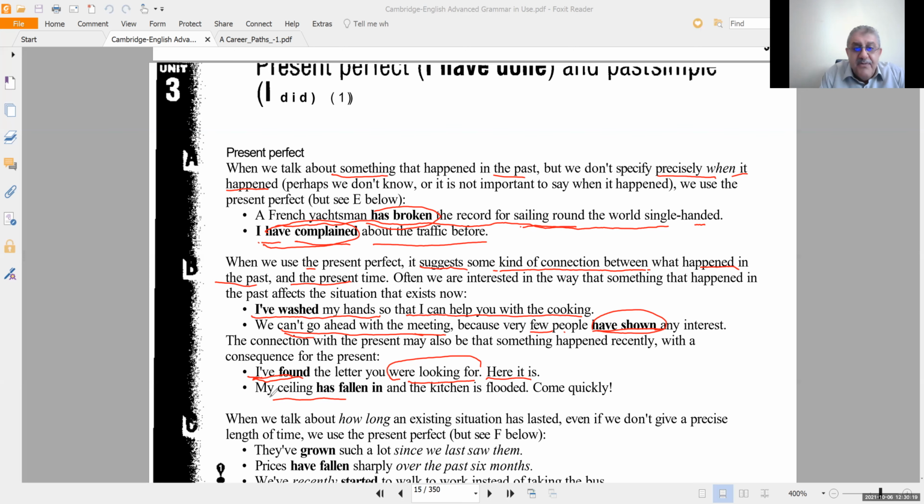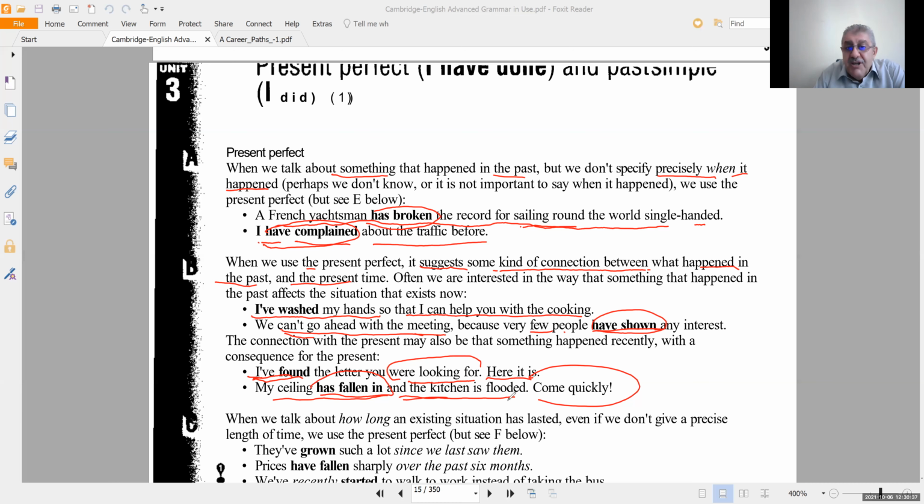My ceiling has fallen in and the kitchen is flooded. Come quickly. فإذا هنا ممكن الزوجة تتكلم مع زوجها أو تطلب المساعدة، تقول له my ceiling has fallen in. السقف انهار.